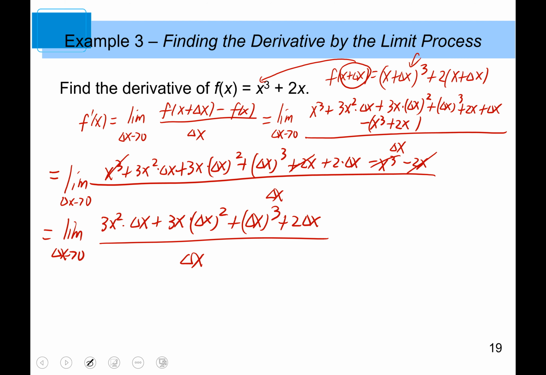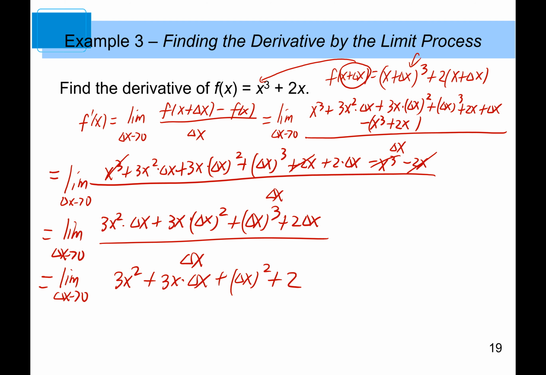Every single term has a delta x, so if you factor that out, it gets cancelled. We divide into each one of them and end up with 3x squared plus 3x times delta x plus delta x squared plus 2.